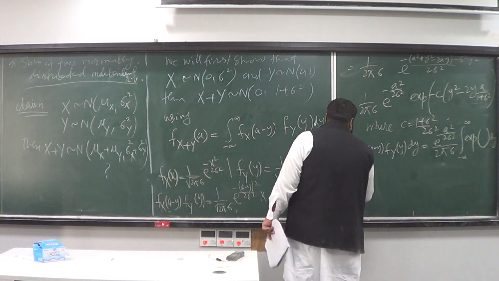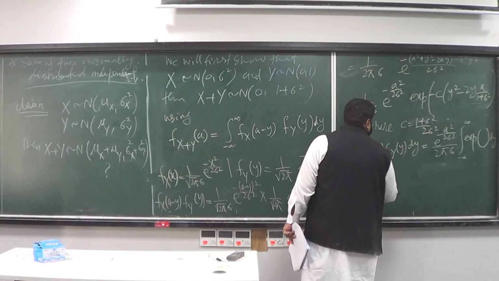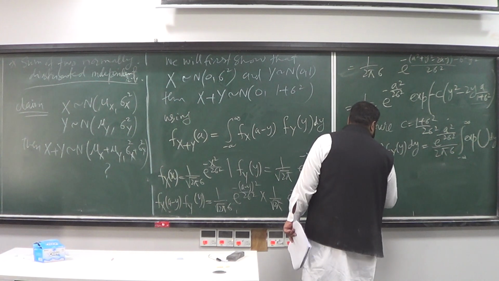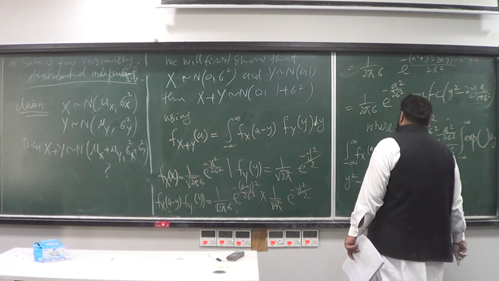So y square minus 2a over 1 plus sigma square times y, so what should be added?